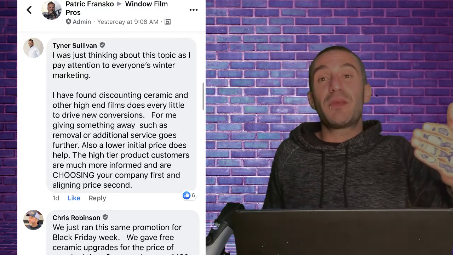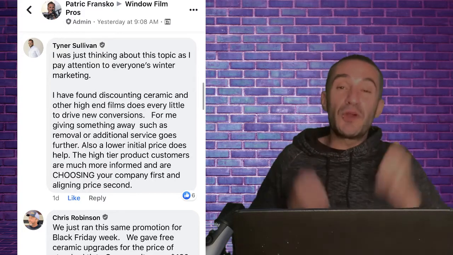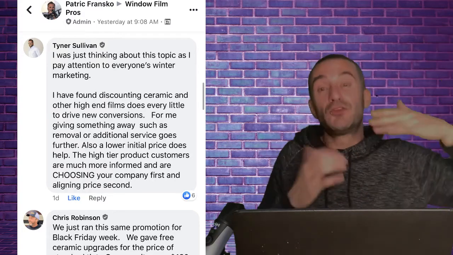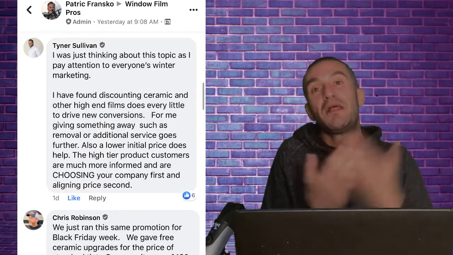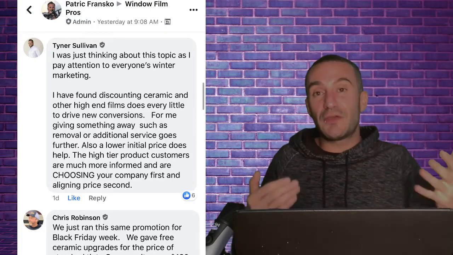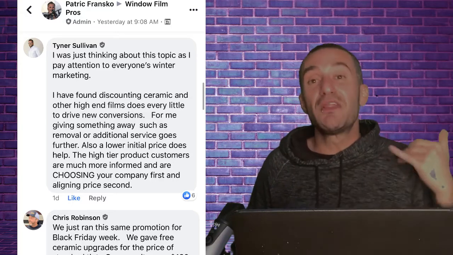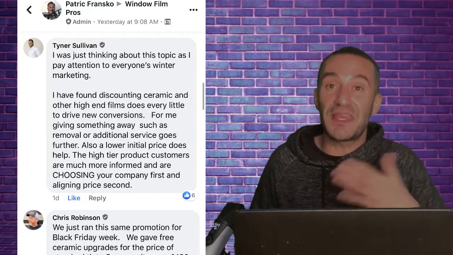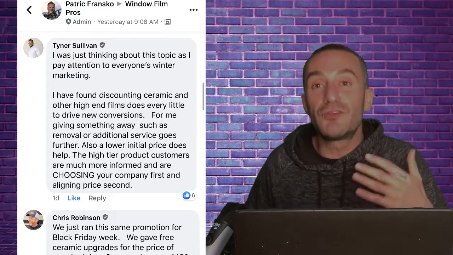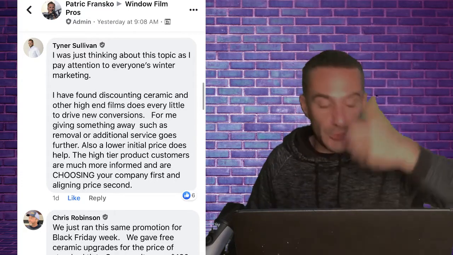You want to get as many of those in the door as possible. And then once they're in the door, you can try and convert them to a discounted higher-end top tier film. That's where you discount that ceramic down. They see that they're going to get huge value. When they were calling shopping for price, they probably didn't even know that such quality films existed and that heat rejection was something they could get. So again, you want to get them in the door, then you want to upsell them.